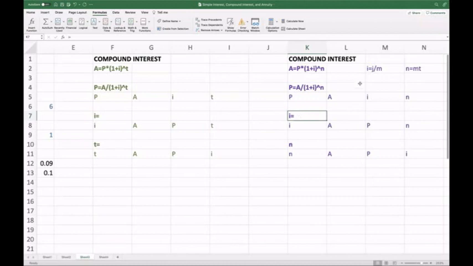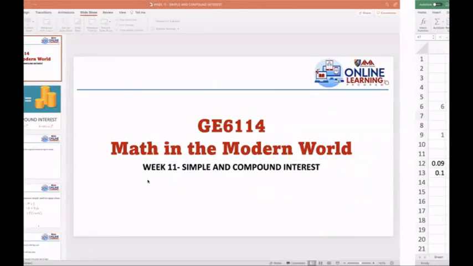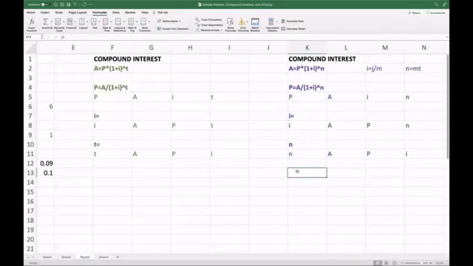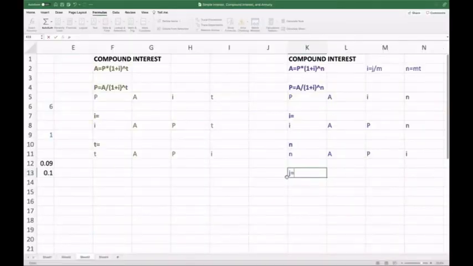To get the J, M times I. But we can create a formula. If you want, you can create a formula here, but it looks complicated. You can write here J is equal to, like that. But for me, it looks more complicated. So better just get the I, and then get the J from I.